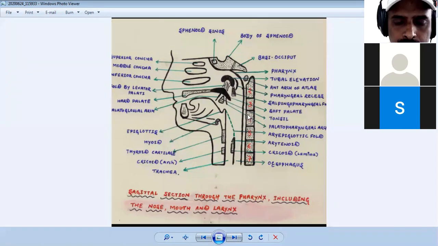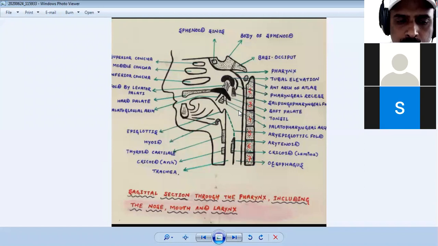The posterior wall is formed by the fourth and fifth cervical vertebrae, and sometimes the third and sixth cervical vertebrae also contribute, totally making the posterior wall of the laryngopharynx.